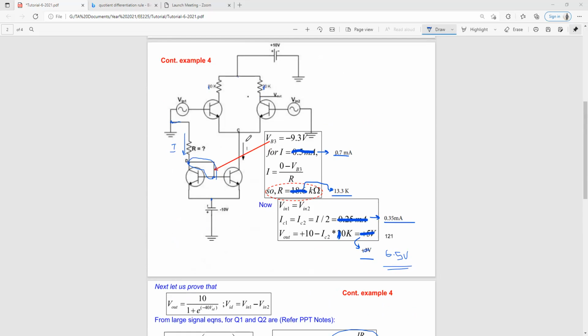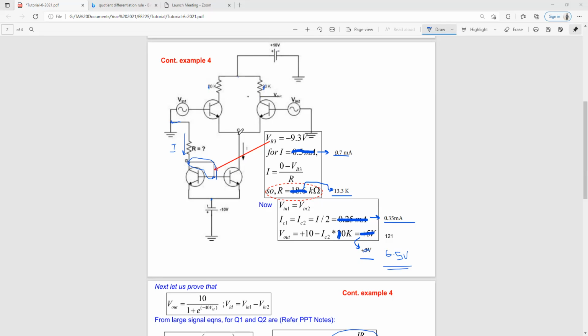So whatever IC value you have, it is the same as our IE value. IC1 is equivalent to IE1, and IC2 is equivalent to IE2. Since both sides are symmetrical or identical, the emitter current from this junction and the emitter current from this junction add up at this node, so we get I. I1 and I2 are equivalent because the circuit is balanced.